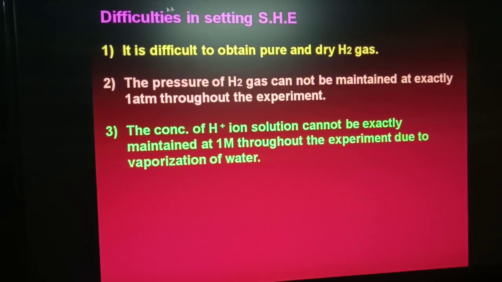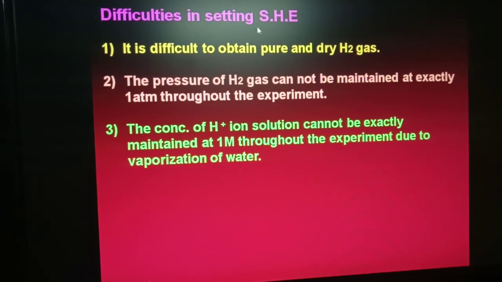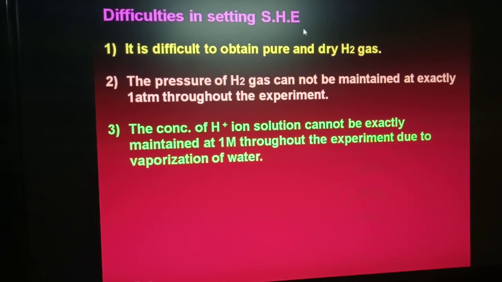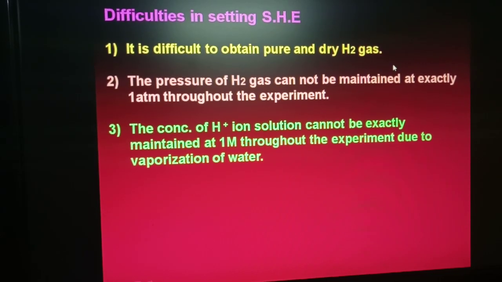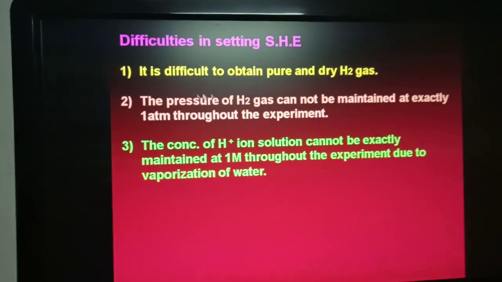Now there are several difficulties in setting up of standard hydrogen electrode. It is difficult to obtain and maintain pure and dry hydrogen gas. Hydrogen gas is bubbled into HCl solution, and this HCl solution is kept in an open container.